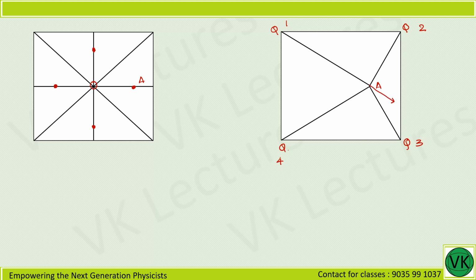Due to 4, there is a force along this direction, and the resultant force will be along this direction. Now due to Q3, there is a force along this direction, and due to Q2, there is a force along this direction, and the net force will be along this direction, the resultant one.